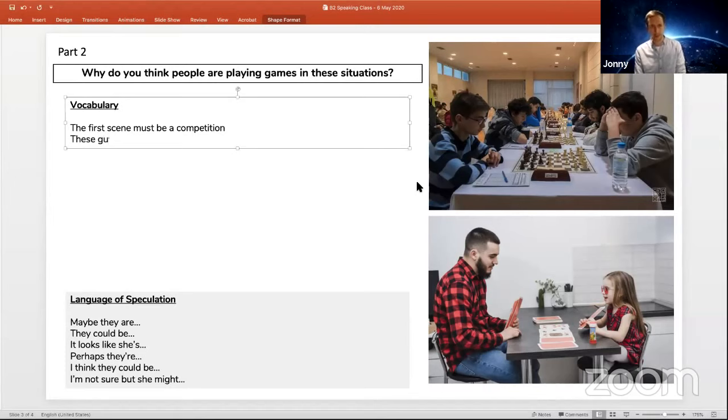These guys are taking part in a chess, we've said competition, let's say tournament, a chess tournament. Very good. This game that they are playing is called chess, a very popular game. I love to play chess. I play a lot. I really enjoy it. I would love this situation. Yeah, this is a chess tournament or a chess competition. What else can you see?